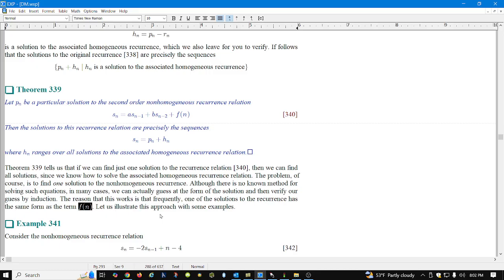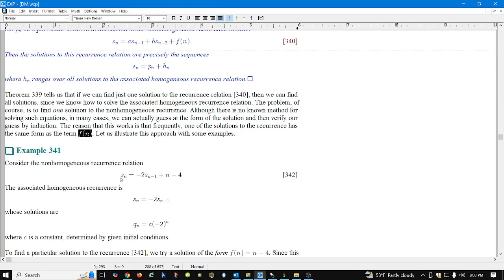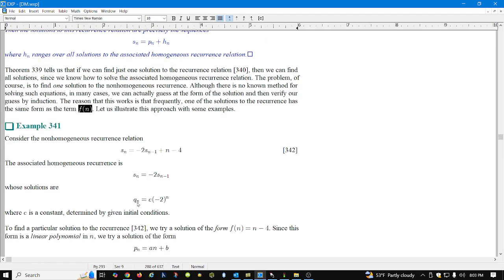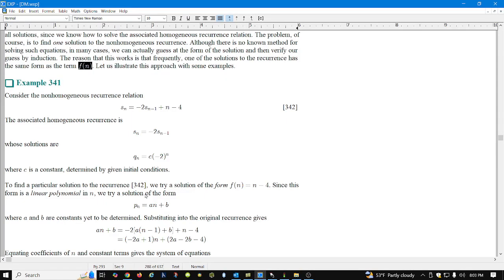You'll see what happens. So here is a non-homogeneous recurrence. I'm not going to keep saying second order, linear, constant coefficients. That's all we're dealing with now. So here's a non-homogeneous recurrence. This is the associated homogeneous recurrence. Its solutions are given by this, and I'll let you check that. The constant is determined by the initial conditions.